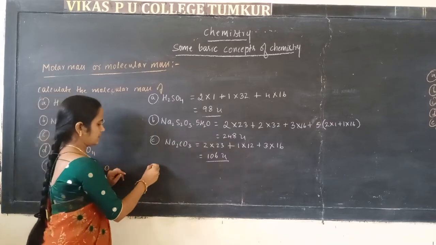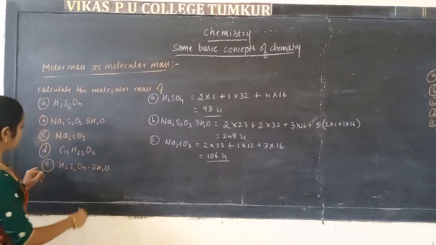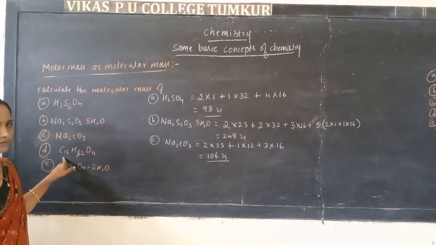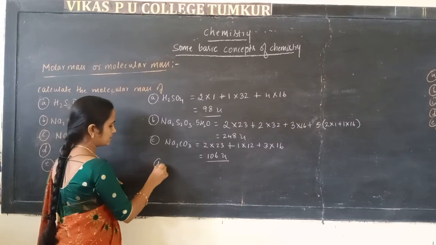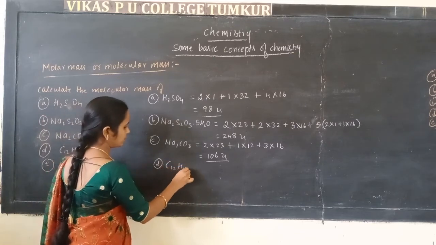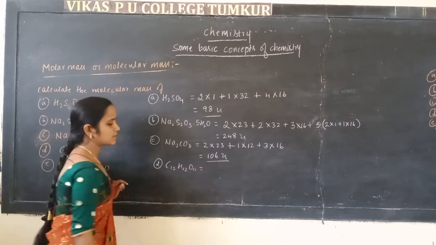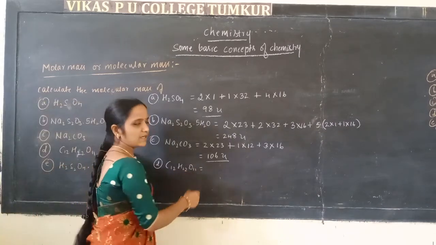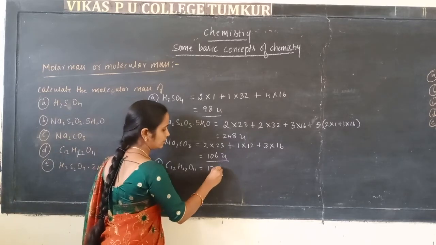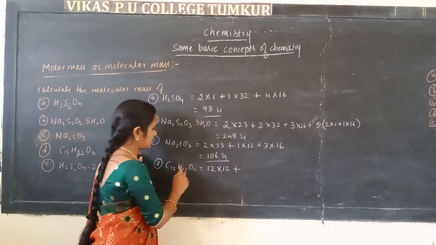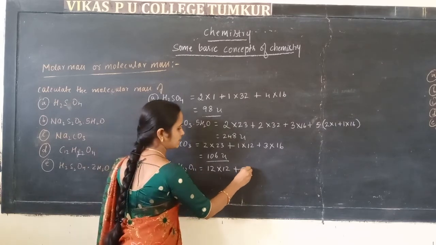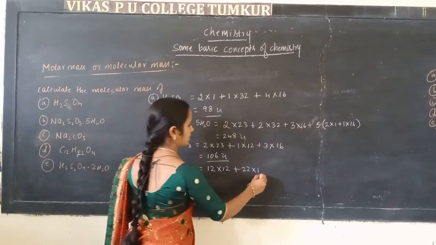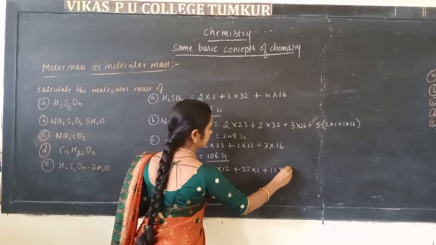Then the next one is sucrose, C12H22O11. This is calculated as follows: the number of carbon atoms is 12, so 12 into 12, plus the number of hydrogen atoms is 22, so 22 into 1, plus the number of oxygen atoms is 11, so 11 into 16.